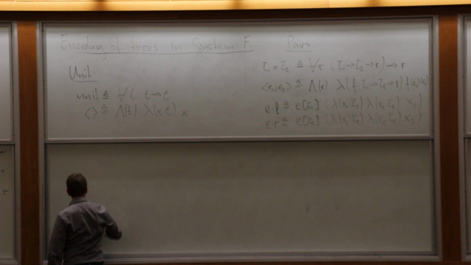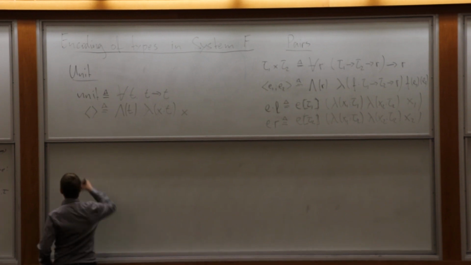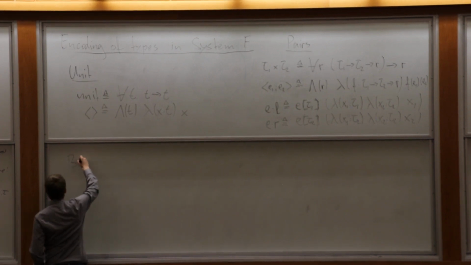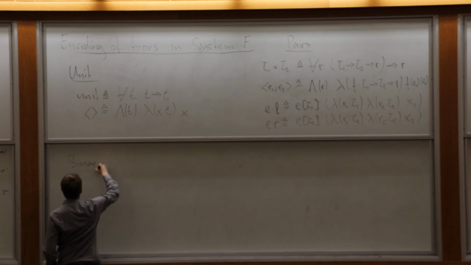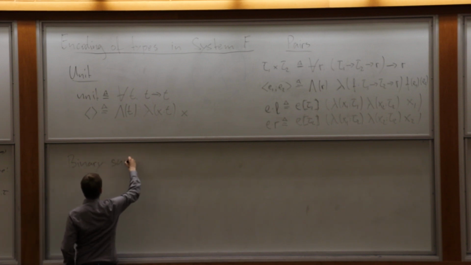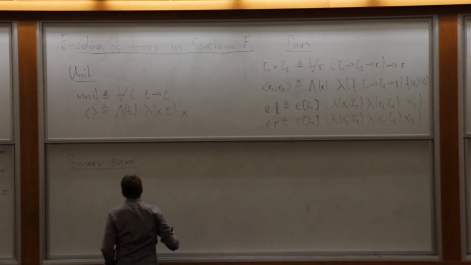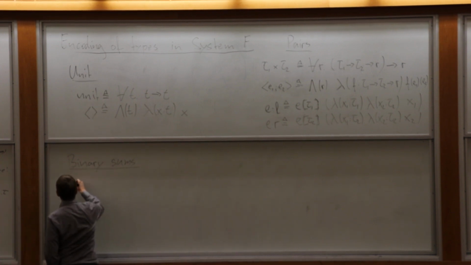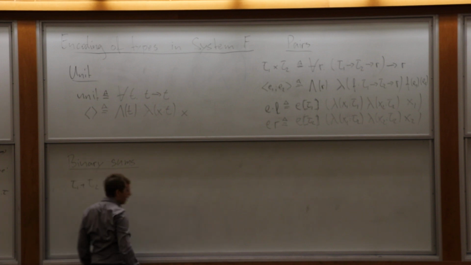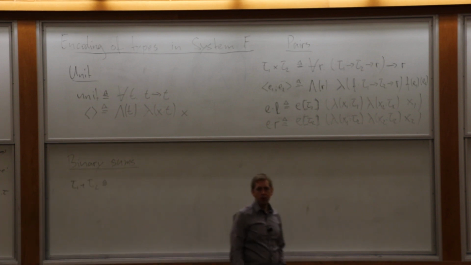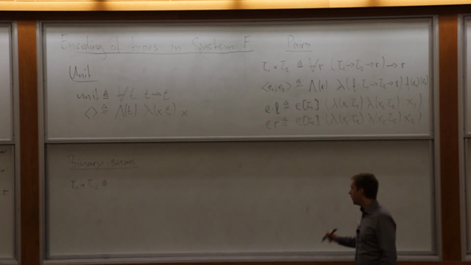So next up, the binary sums. So first, what is the type? Tau1 plus tau2.